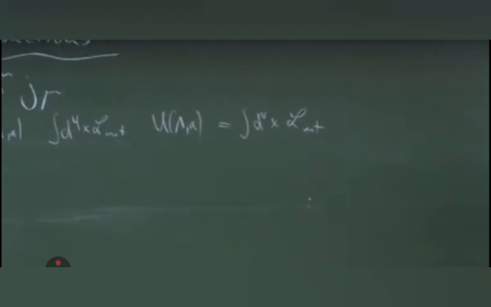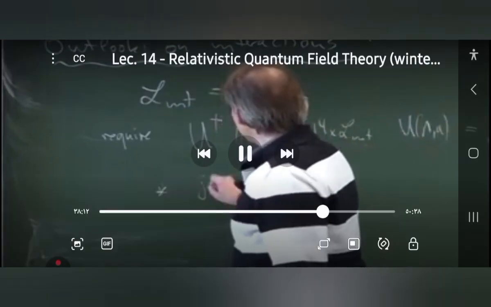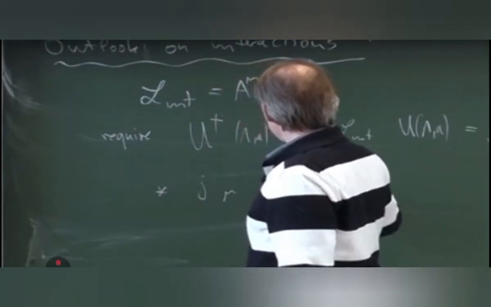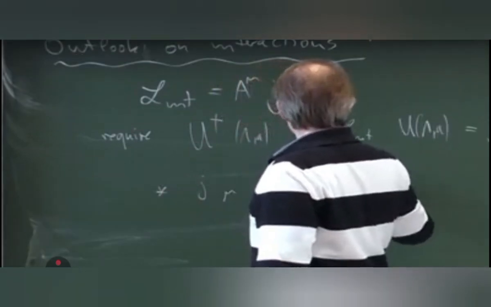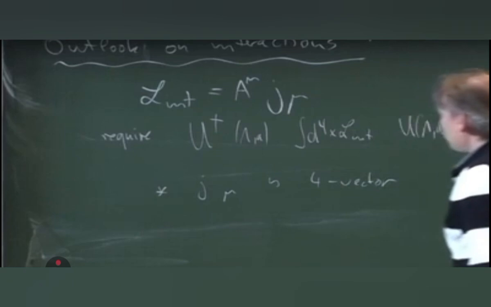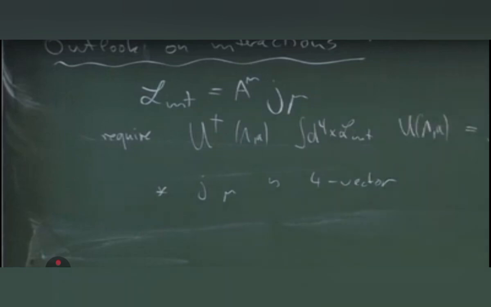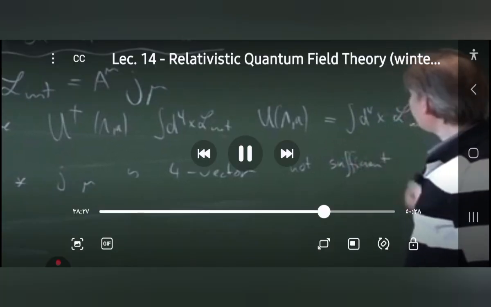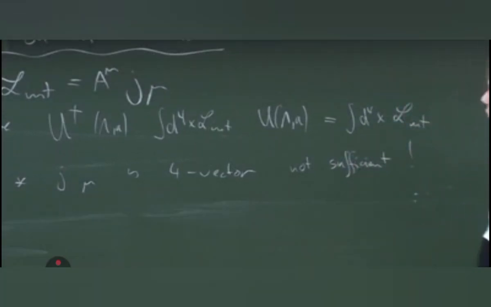Clearly saying that this J mu is a 4-vector is nice but not sufficient. Of course we require this anyway, but it's not sufficient.